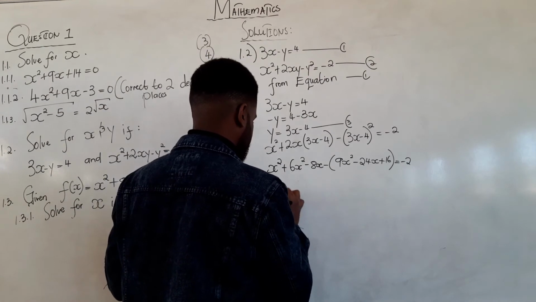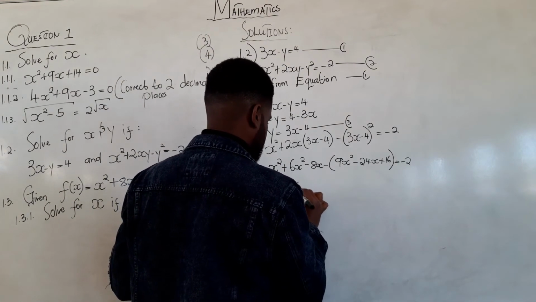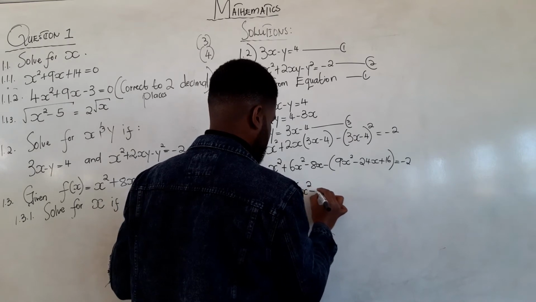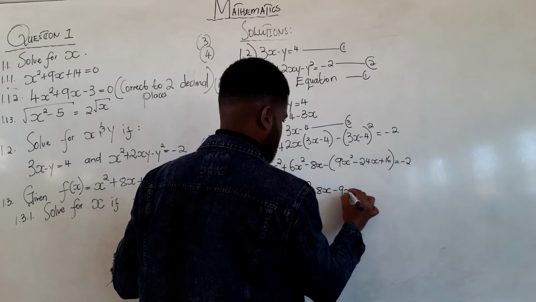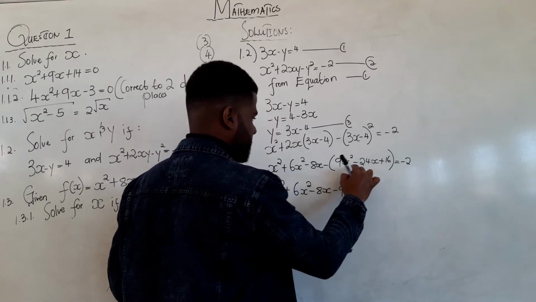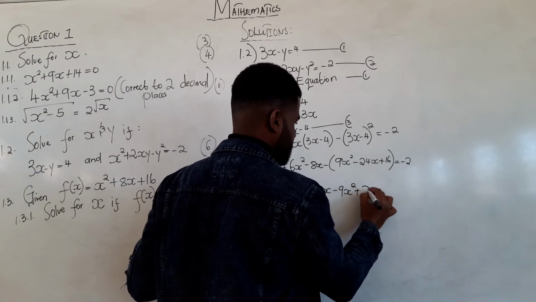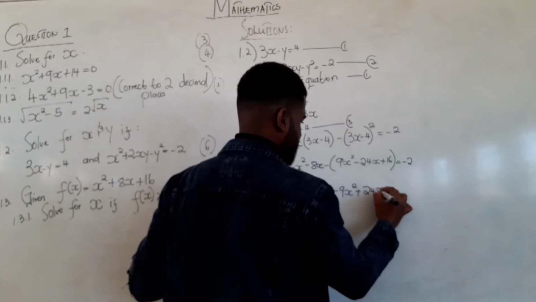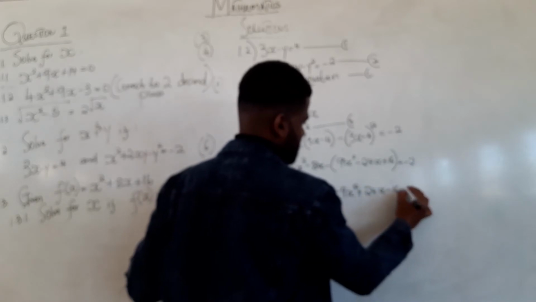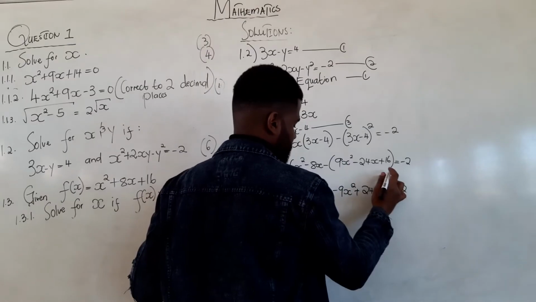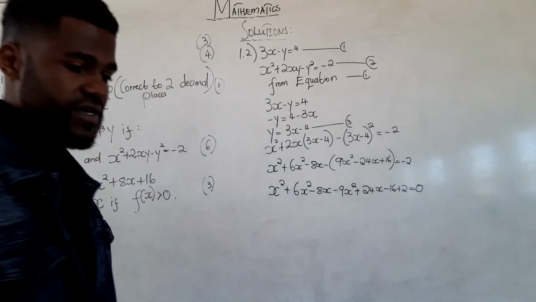Now this is going to be x squared plus 6x squared minus 8x minus 9x squared. Negative times positive will give you negative, negative times negative will be positive 24x, negative times positive 16 will give you negative 16 plus 2. I've transposed 2 to the other side, so it's going to become negative.